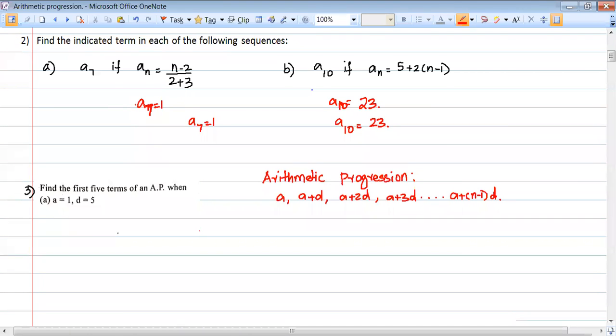The first term is 1, the second is A plus D, which is 6. Then what is the common difference? 5. Add 5 to this: 11. 11 plus 5 is 16. 16 plus 5 is 21. So that's all. The answer is 1, 6, 11, 16, 21.